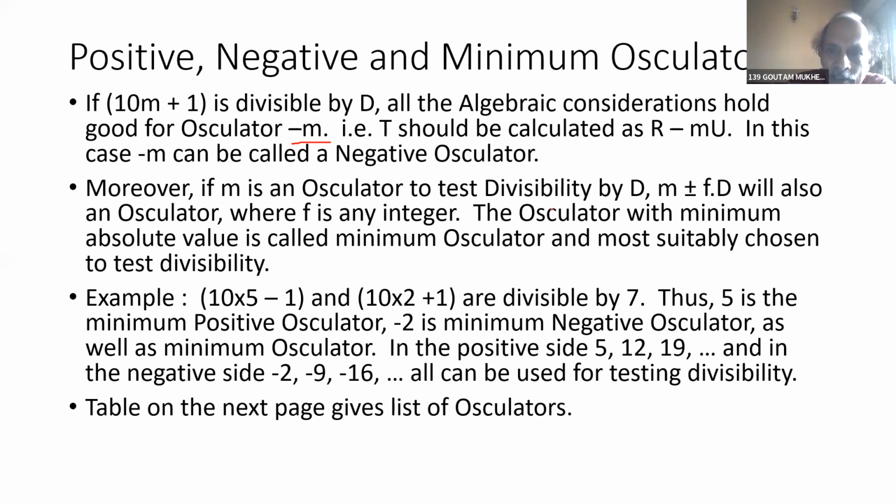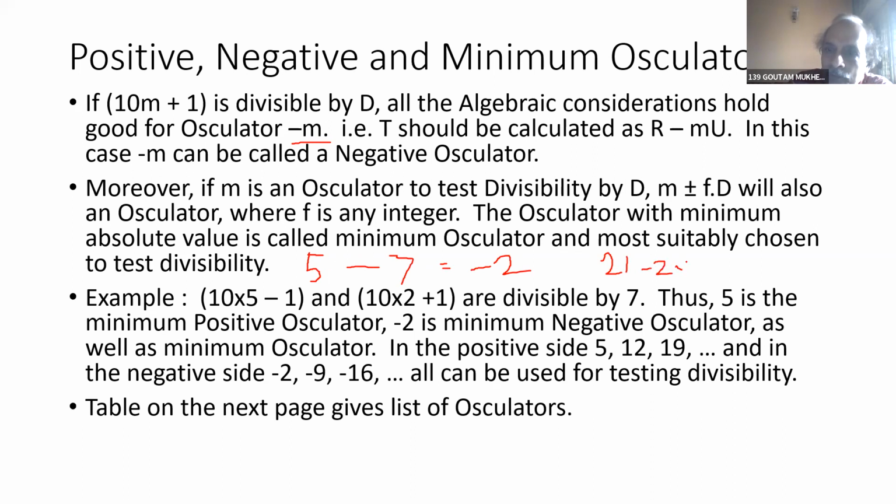For example, here I explain that if 5 is the oscillator for 7, then 5 minus 7 is equal to minus 2, which is also an oscillator for 7.